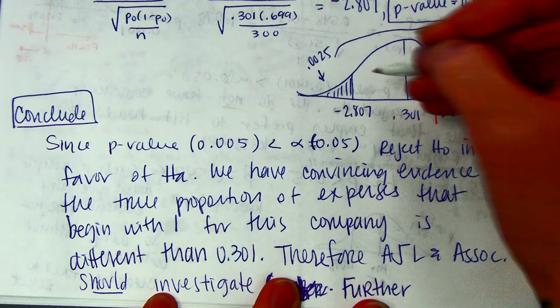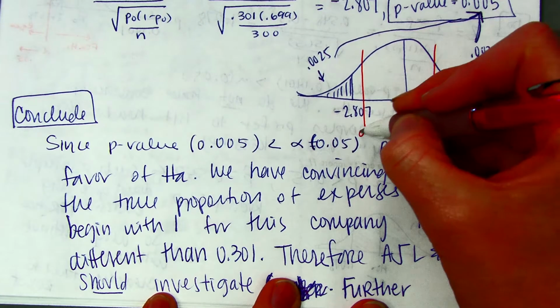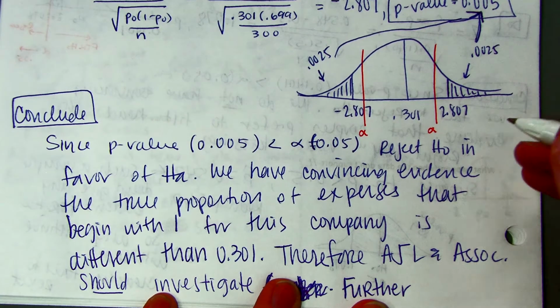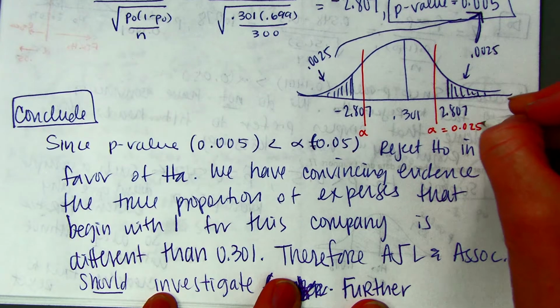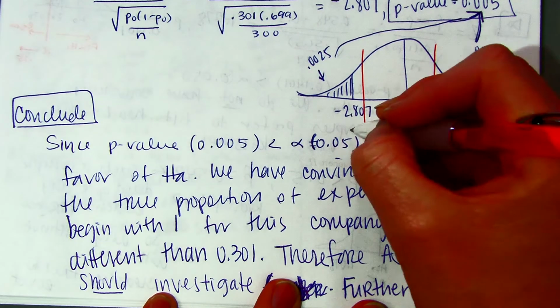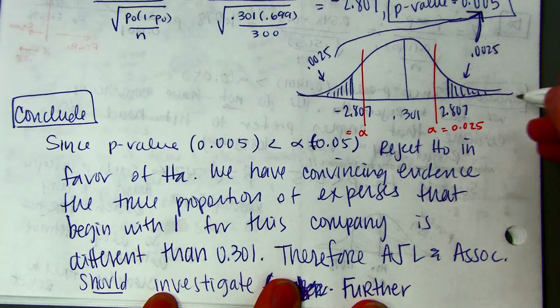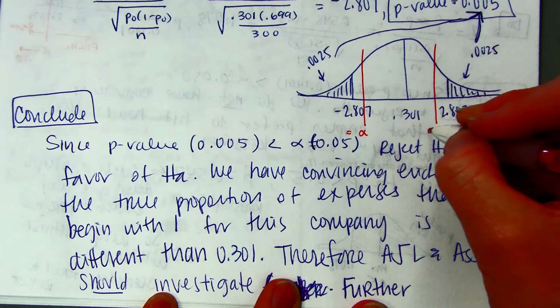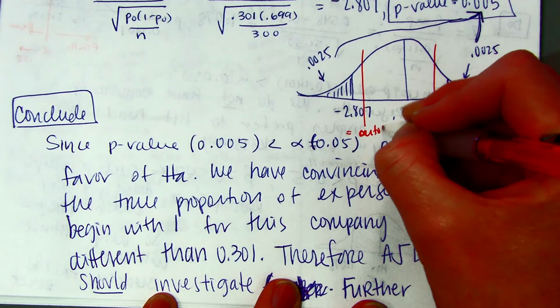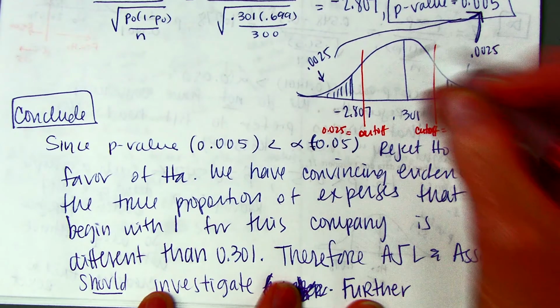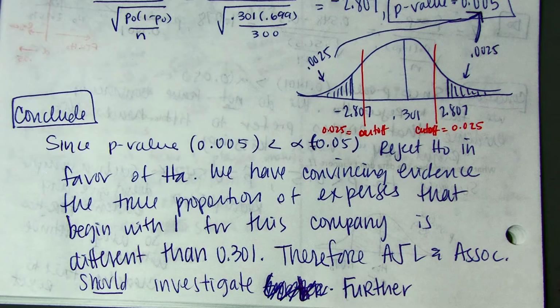The alpha value is 0.05, but the cutoff, I'll put cutoff here, is 0.025 on either direction.